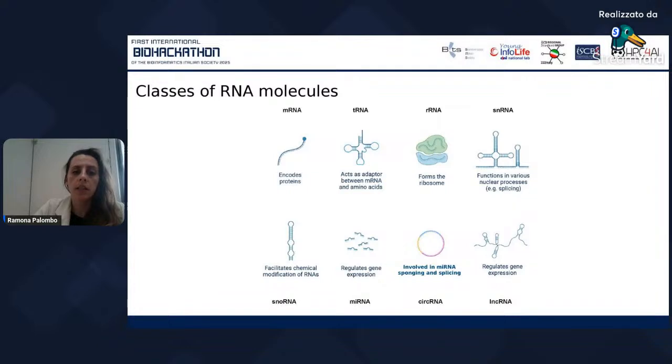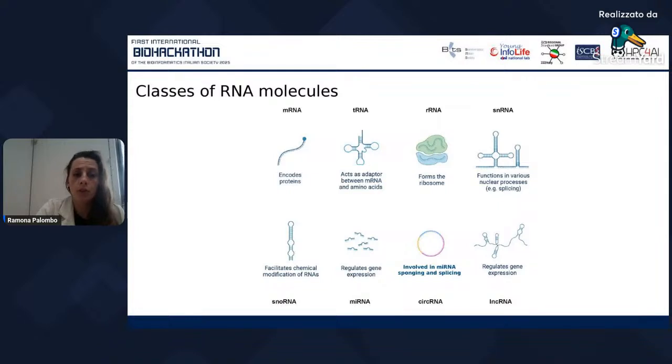They don't encode for proteins, and the biogenesis of this particular species of RNA, the circular RNA, is related to splicing events, and the function of these circular RNA are still being studied.